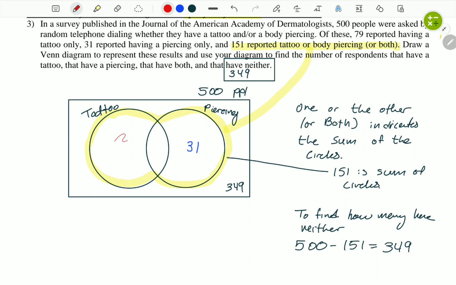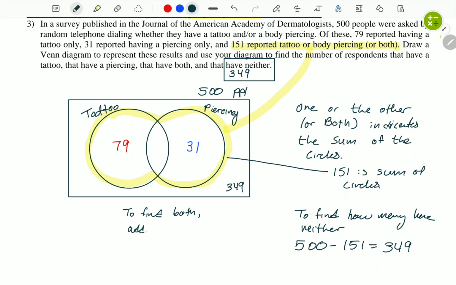So 79 is going to go here for tattoo only. And as we can see, we are missing the middle piece. We're missing the intersection of those who have both. But we know the sum of the circles is 151. So we can add up the two numbers inside and subtract that from 151.